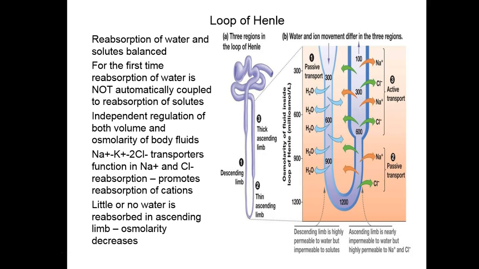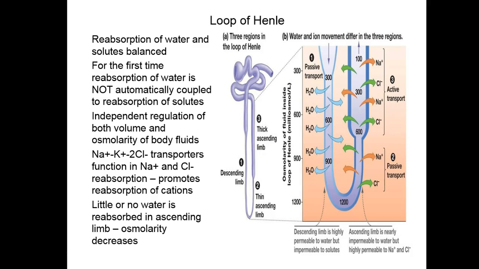The thing that does this is different permeabilities. You have passive transport of the filtrate down the descending limb. That's the thin limb, which is thinner than the thick ascending limb, and it is much more permeable to water.